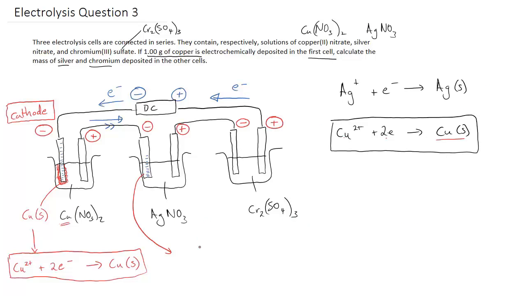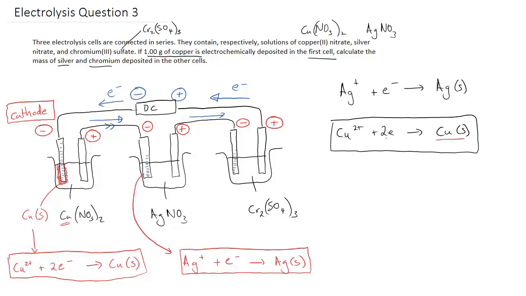So now, the reaction taking place at that electrode is going to be silver ion plus electron gives us silver solid. So that's the reaction occurring there. And then the last reaction, again, electrons are going to be transferring that way, and they're going to be accumulating on this electrode.